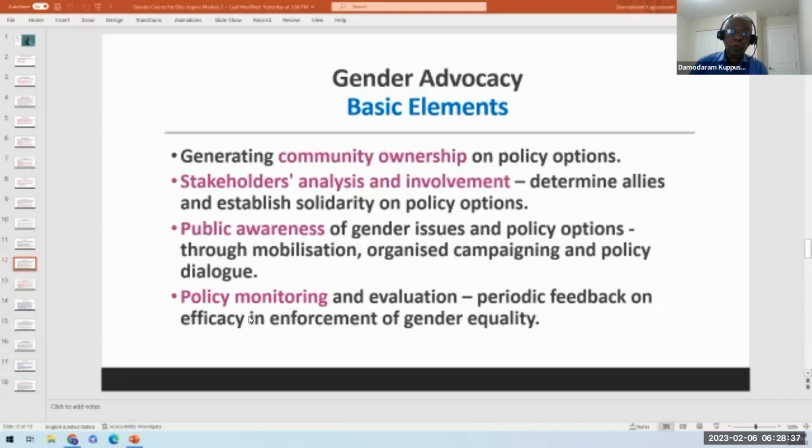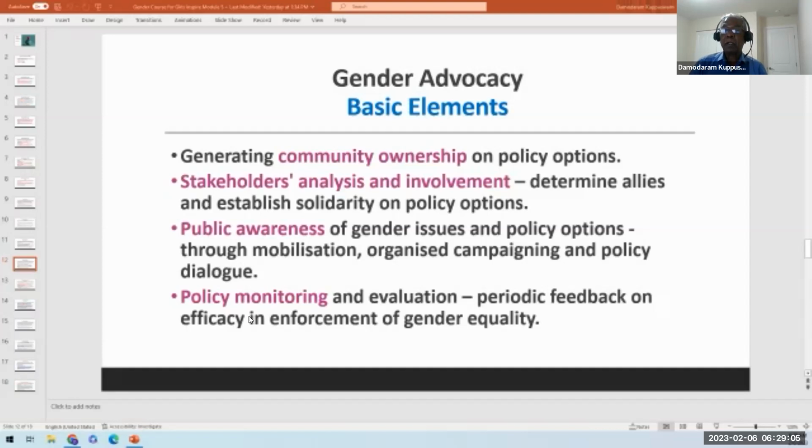So for you to make a real voice, you need other stakeholders. You need to look at who the other people are, who the other civil society members and organizations are, including media, who are supportive, who have a similar agenda, and how you seek their solidarity for your options.